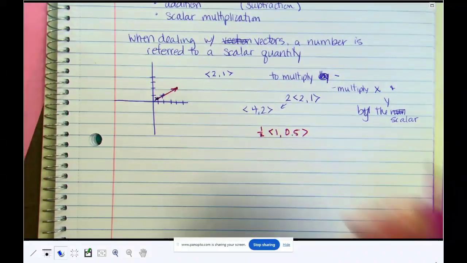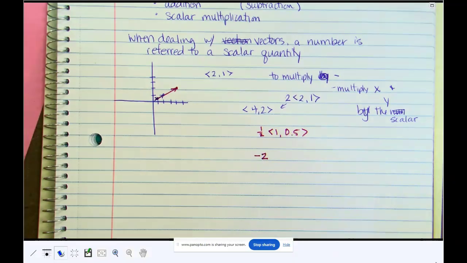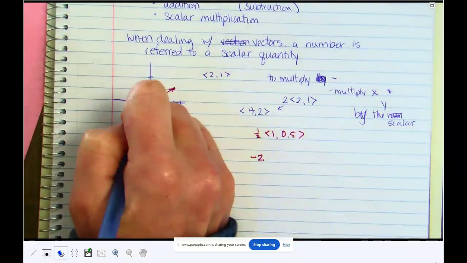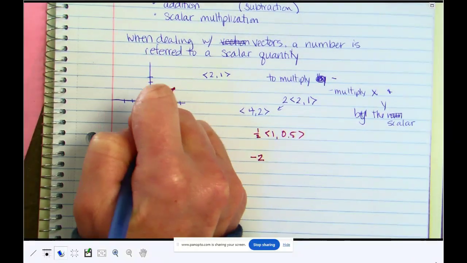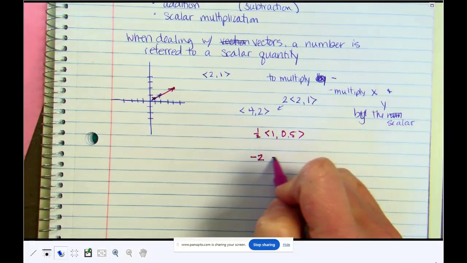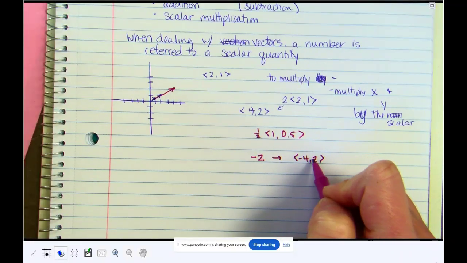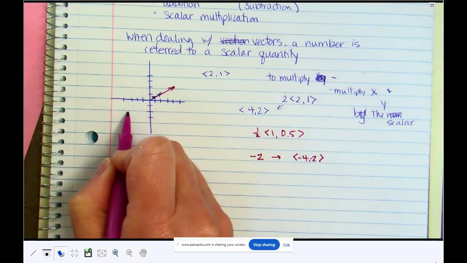Well, I can multiply by a negative. So let's say I have multiplied by -2. So if I multiply by -2, you multiply by a -2, we get what? -4 comma -2. That changes its direction.